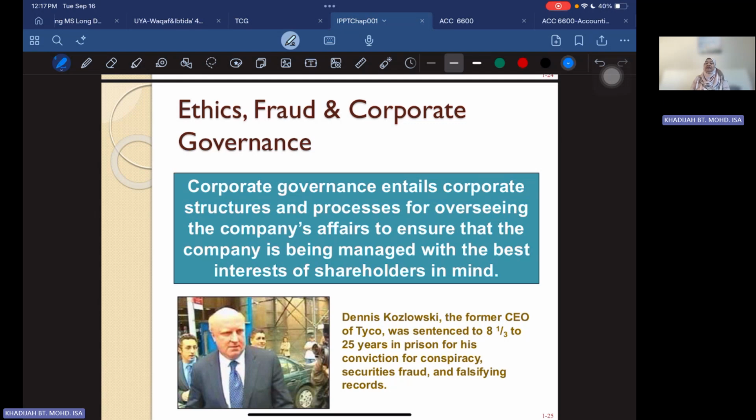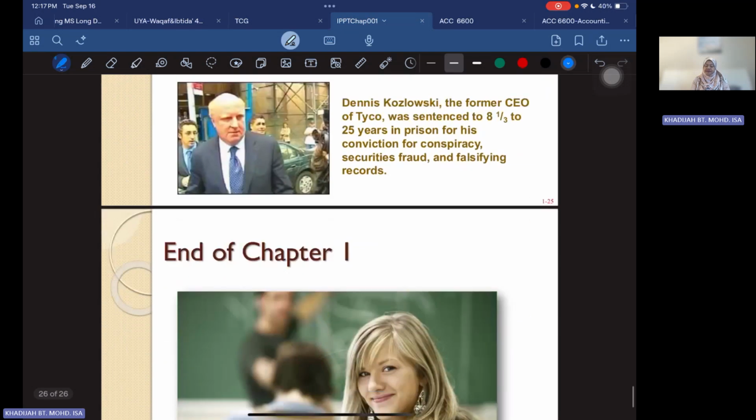For example, quite some time ago, Dennis, the former CEO of Tyco, was sentenced to 8 1/3 to 25 years in prison for conviction of conspiracy, securities fraud, and falsifying records. So this is just an example of how the use of accounting information for fraud purposes is not tolerated.